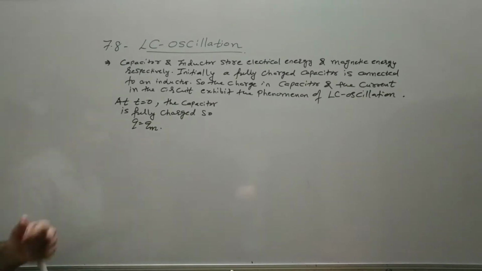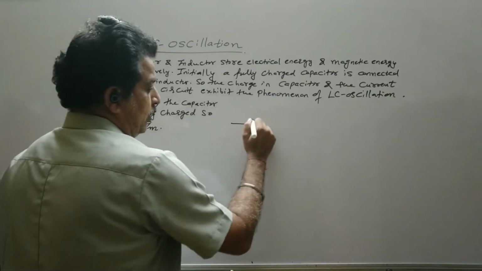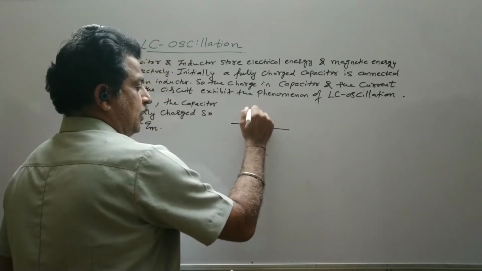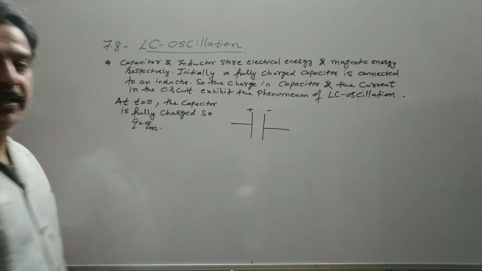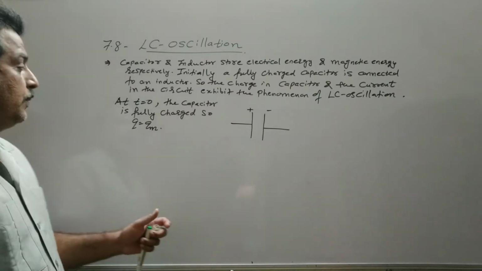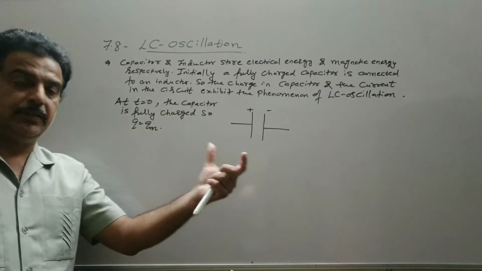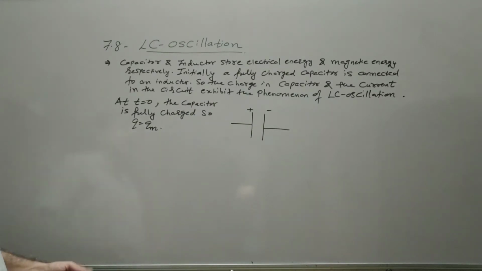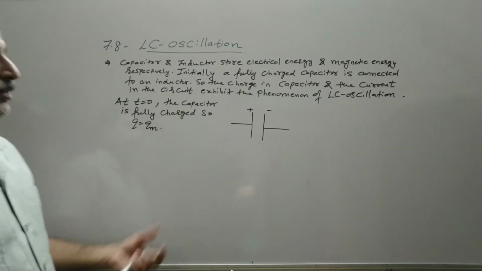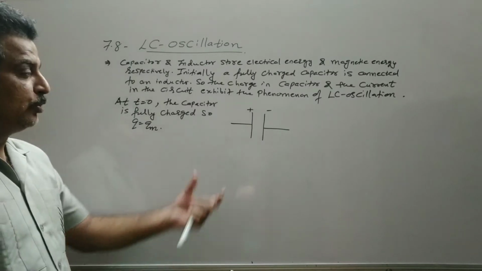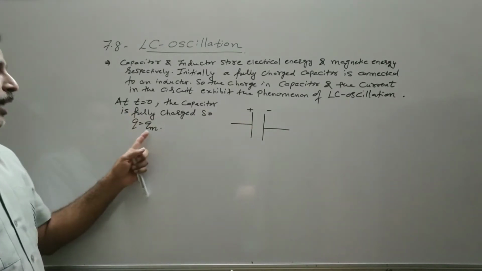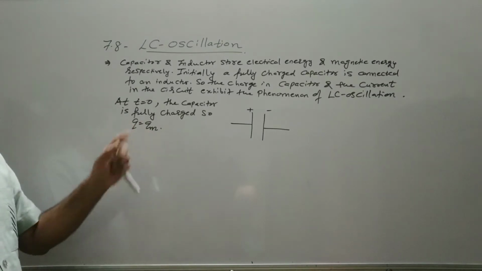So initially the capacitor is fully charged, so this plate is plus and this is minus. This capacitor is fully charged by some external means, say by a source, which is a cell or a battery. So the capacitor has the maximum charge on it, Qm.